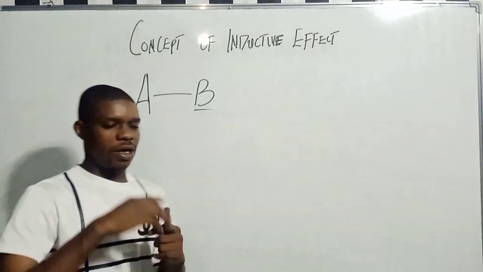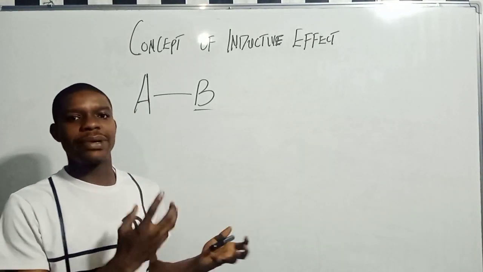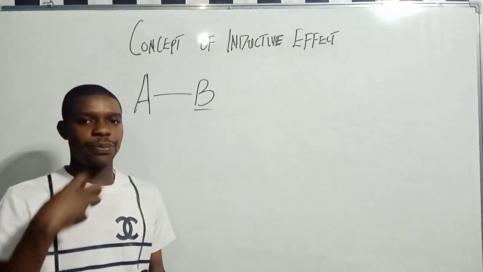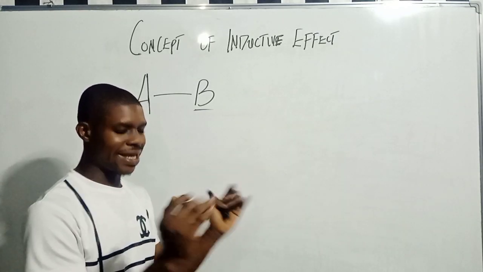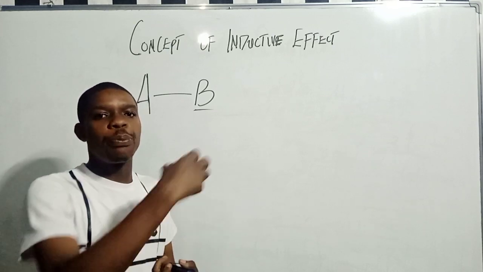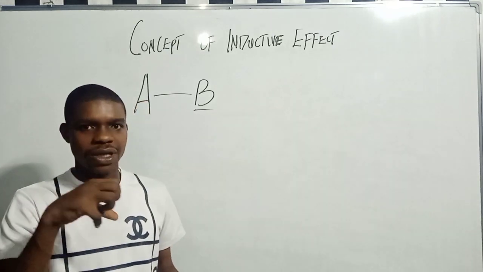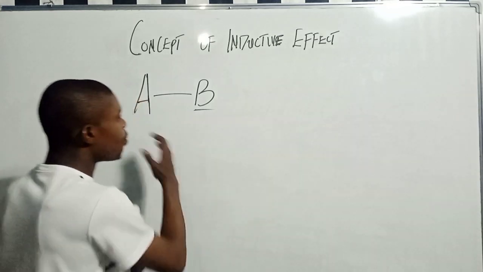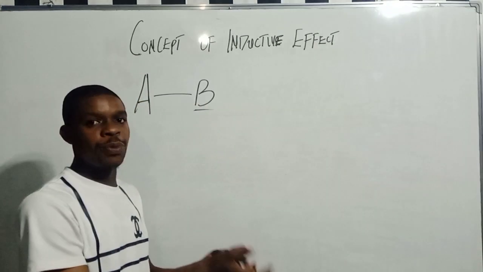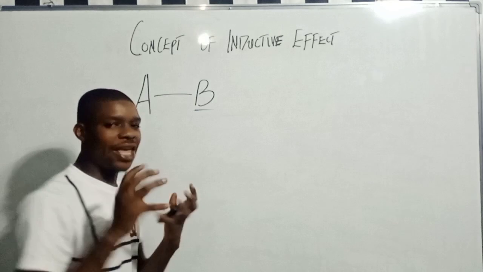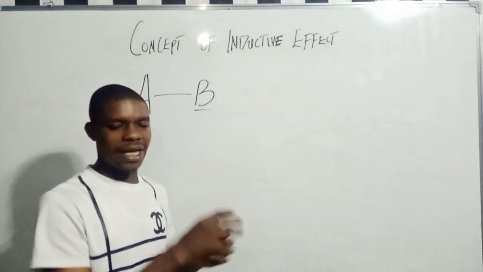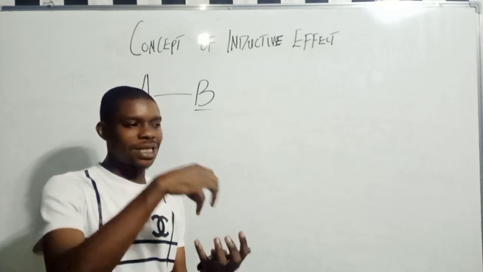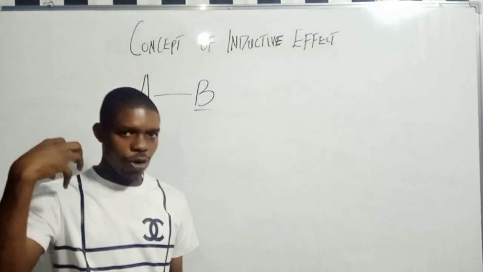Electronegativity is the ability of an atom to pull electrons to itself in a bond. So when two atoms form a covalent bond, if one has more pull on the electrons than the other, that atom will tend to pull the bonding electrons more.